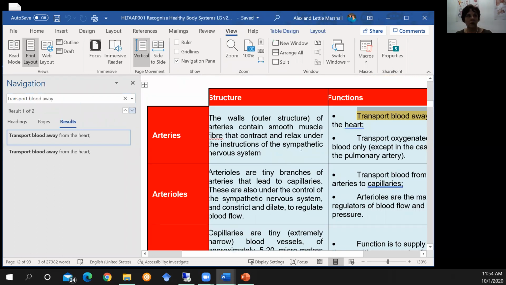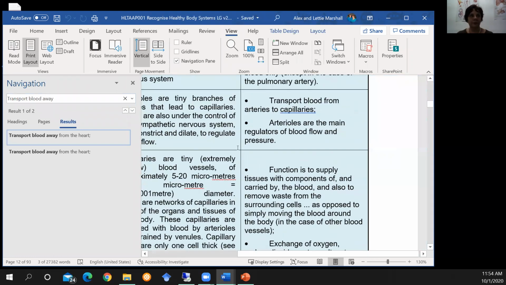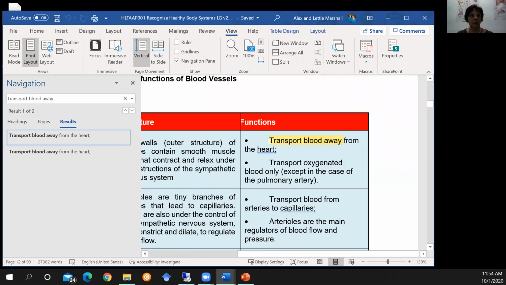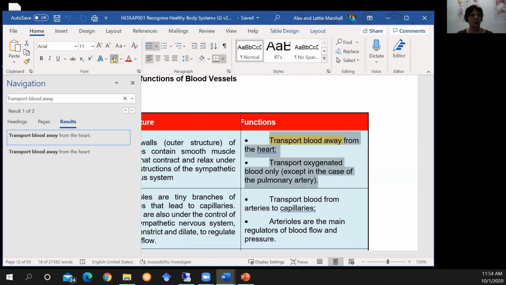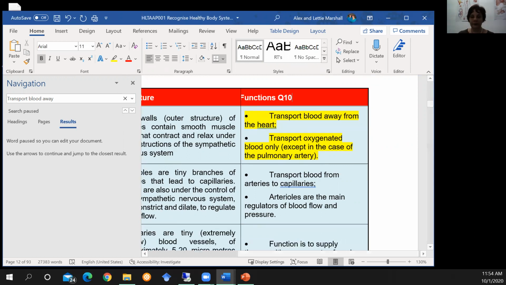So it's on page 12 and 13. That's question 10.